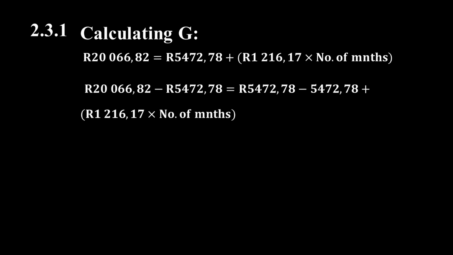We solve this equation by subtracting 5,472.78 from both sides of the equation. We do this to get rid of the 5,472.78 on this side of the equation.